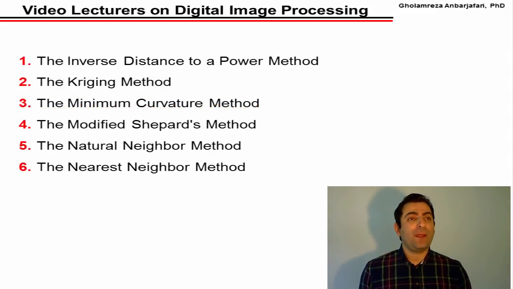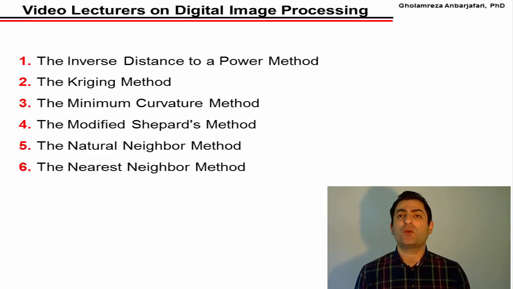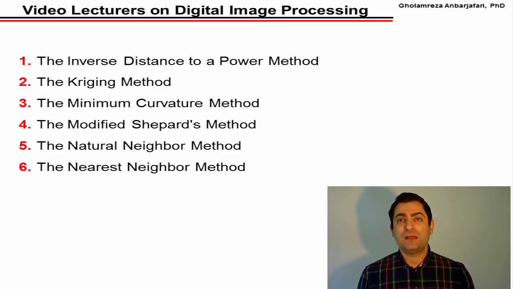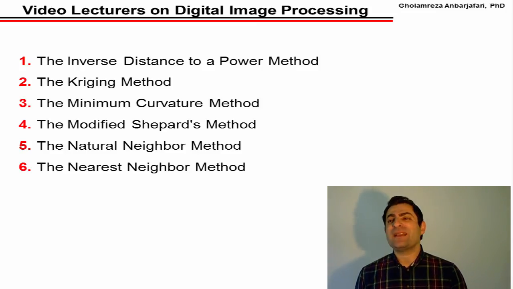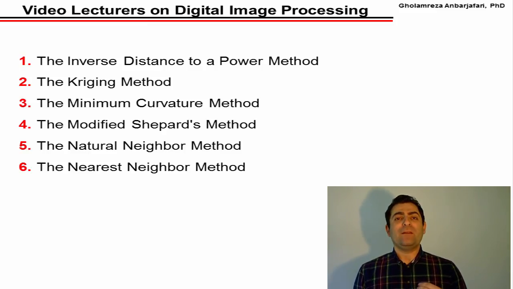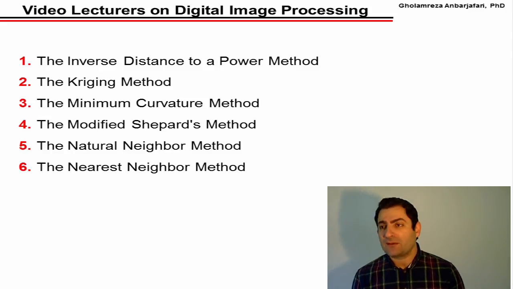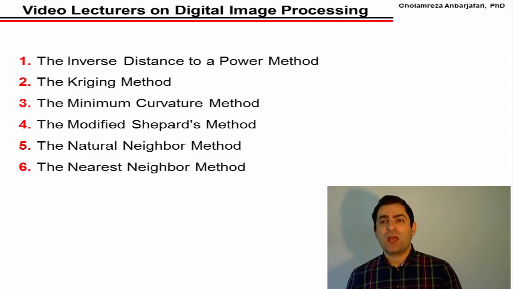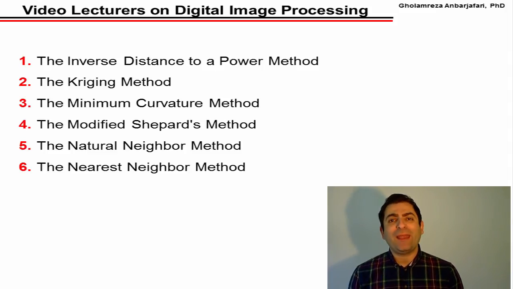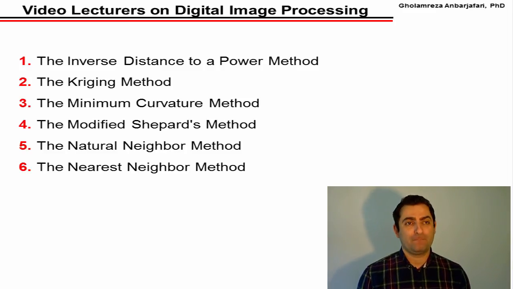Now, in the Young paper, the first method mentioned was the inverse distance to a power method, and it is basically a weighted average interpolator. The second technique is the kriging method, a geostatistical gridding method. This method produces visually appealing maps for irregularly spaced data.